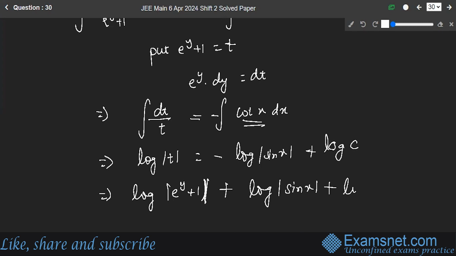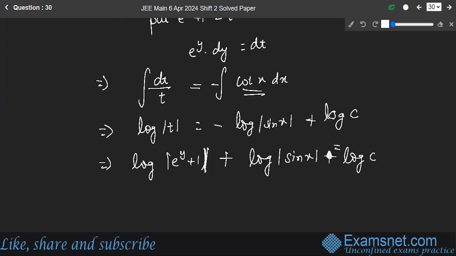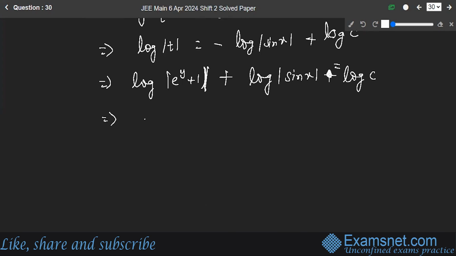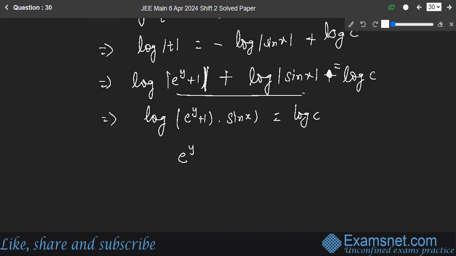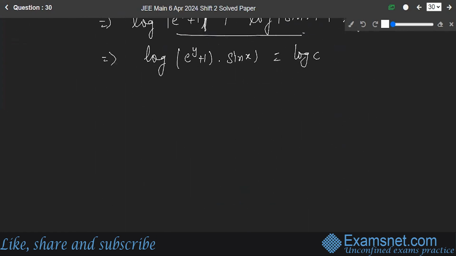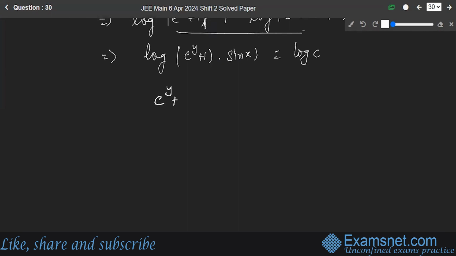Log sin x is equal to log c. Okay. So this makes it, because they are in plus, so this will be e power y plus 1 into sine x is equal to log c, or you will have e power y plus 1 into sine x is equal to c.